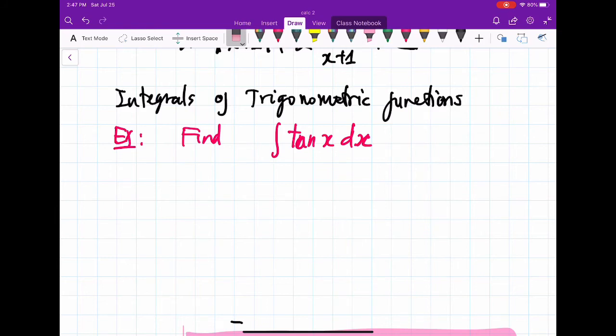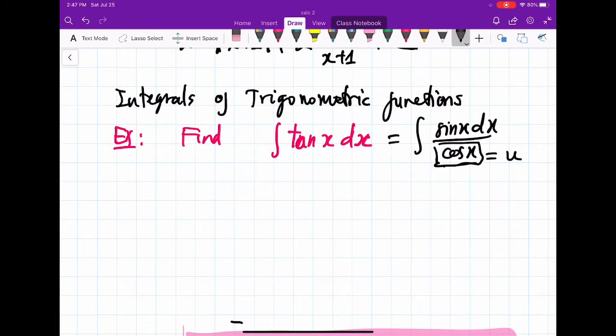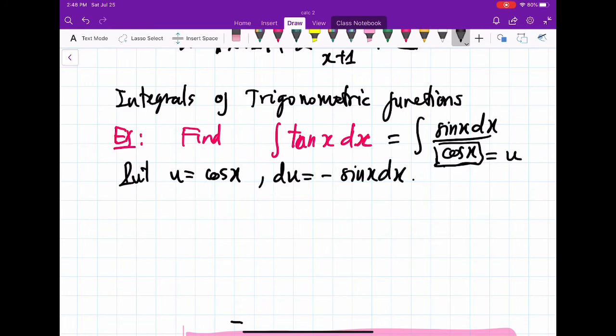We use the logarithmic function. Okay, so now this function we can rewrite as sine of x dx over cosine of x. And since we have cosine in the denominator, we put u equal to cosine of x and du equal to negative sine of x dx.